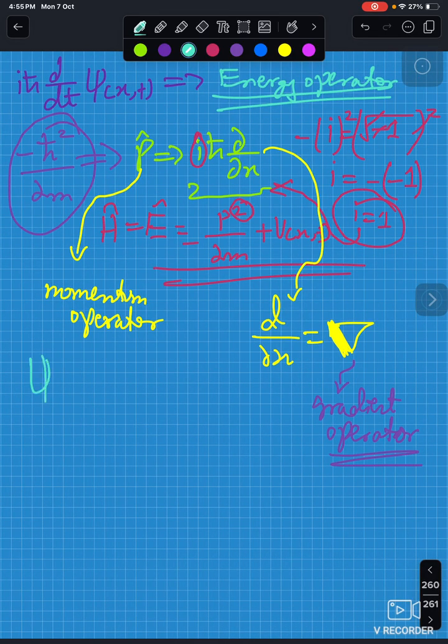Psi of x is the main wave function, which applies to every single equation. Let's take the basic example: suppose this is a platform, and on this platform we have particles and we don't know where they are.